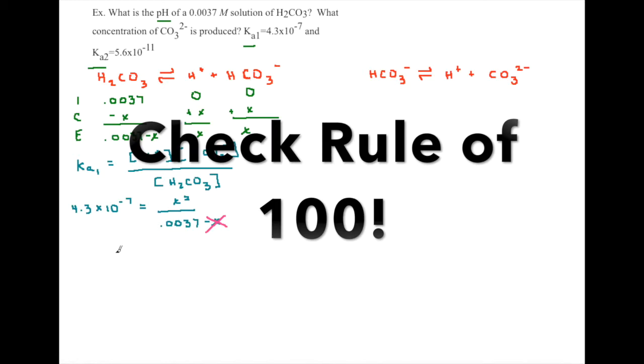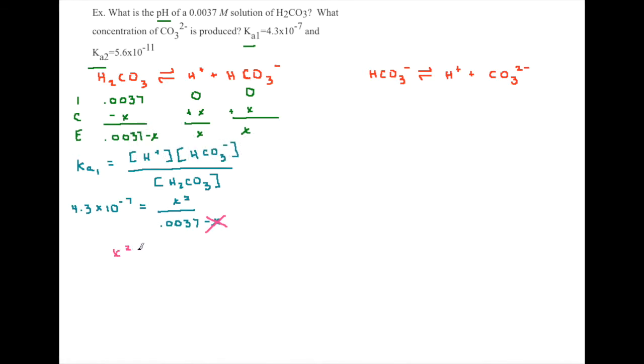And so when I solve, I get that X squared equals, rounding properly, 1.6 times 10 to the negative 9th. And so when I solve this, I find that my X equals 4.0 times 10 to the negative 5th molar. Okay?